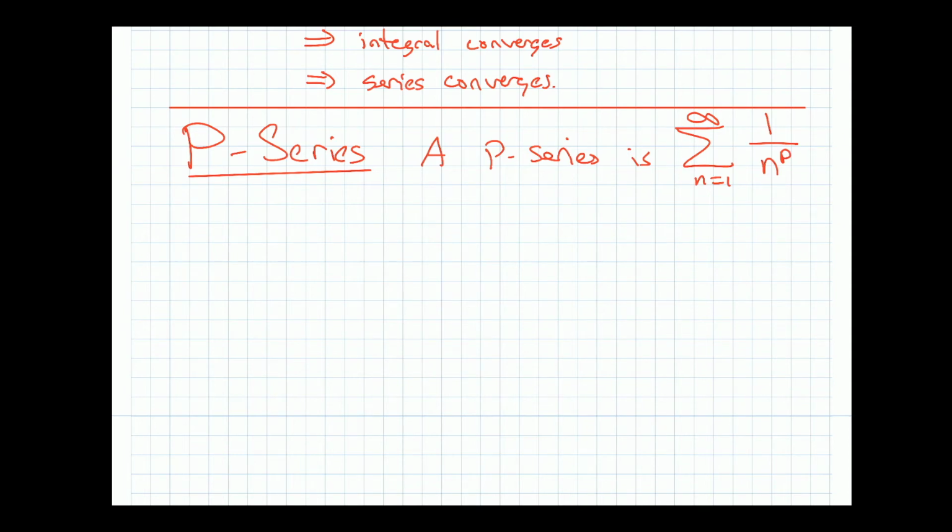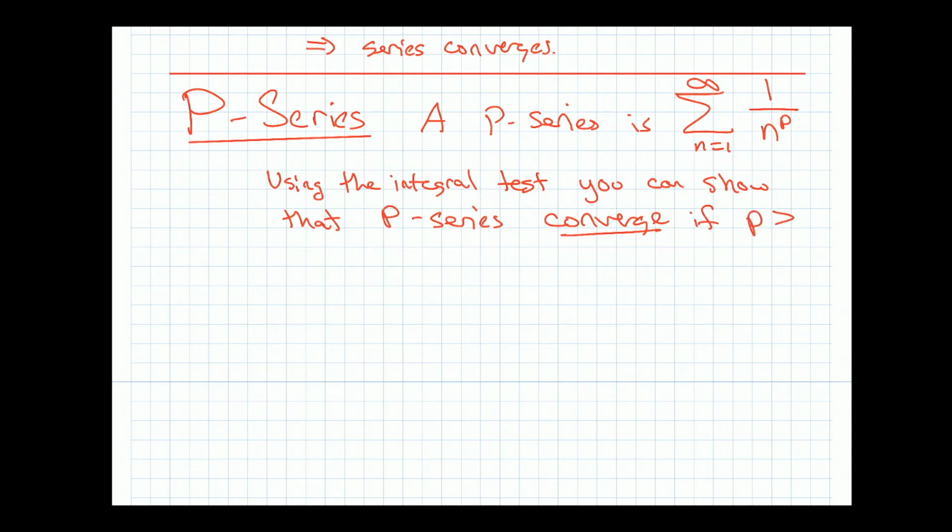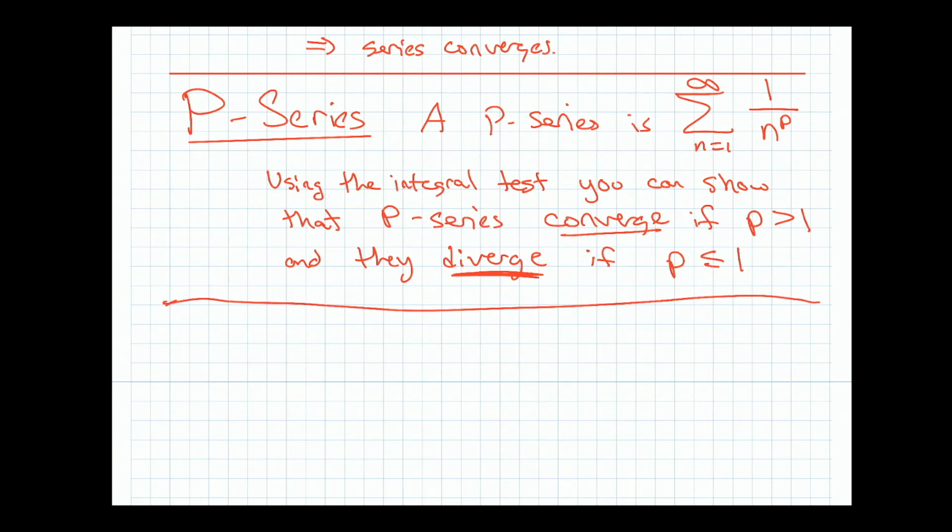Now, using the integral test, which I'm not going to do because we've already done 2 integral test examples, you can show that P series converge if P is greater than 1, and they diverge if P is less than or equal to 1. You just have to do the integrals.